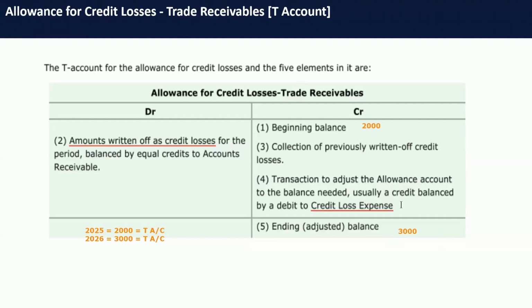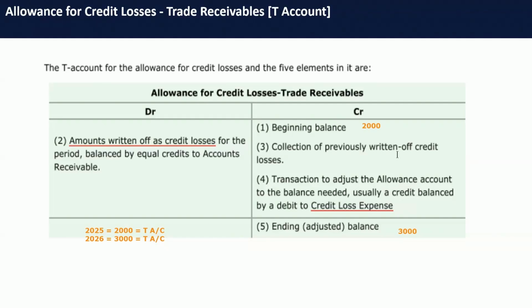What will be the credit loss expense balance? Just look at this account.